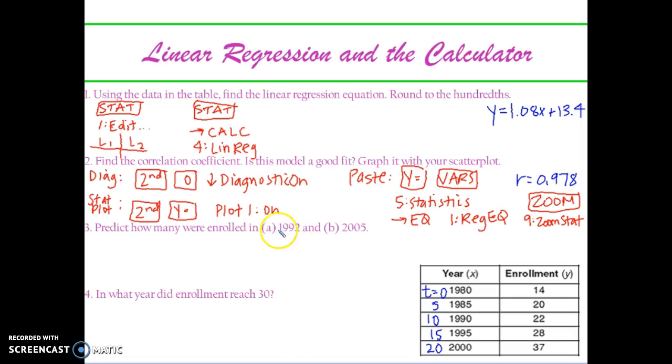So remember, time, the years in this case, are my x values. If I know x, I can find y by plugging in x. But I'm not going to plug in 1992 because we said that t equals 0 was 1980. Well, 1992 is 12 years away from 1980, so I'm going to plug in 12. And then 2005 is 25 years from 1980, so I'm going to plug in 25.